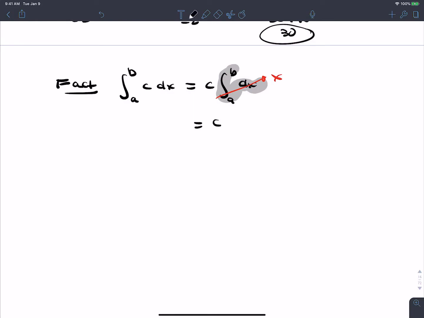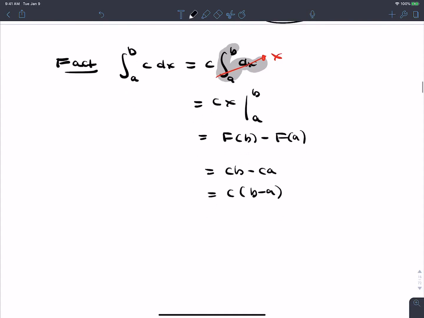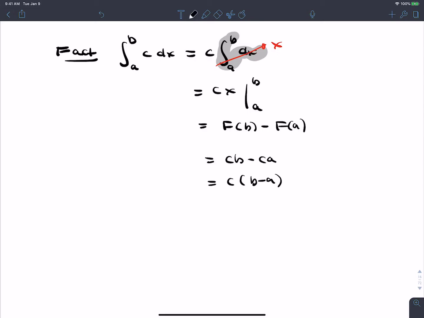So we get c times x from a to b, f of b minus f of a will give you what? cb minus ca. Factor your c out. Here's what you guys have. So if I want to integrate from a to b a constant dx, it's c, the difference of my limits.